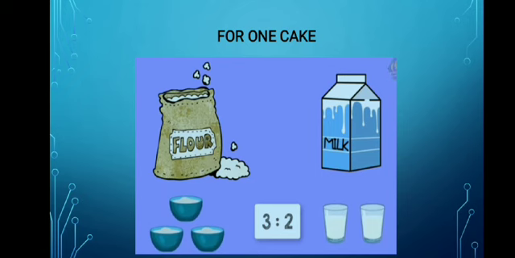For one cake, we need 3 bowls of flour and 2 glasses of milk. Then how many bowls of flour and how much milk are required for making 4 cakes?